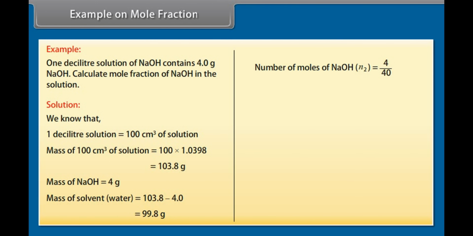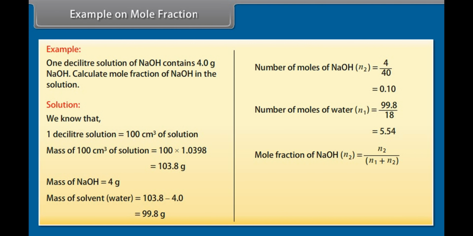Number of moles of NaOH, N2, is equal to 4 upon 40, which is 0.10. Number of moles of water, N1, is equal to 99.8 divided by 18, which is equal to 5.54.